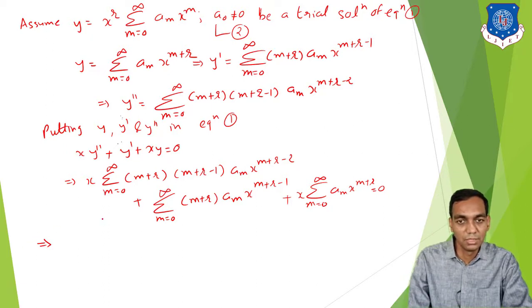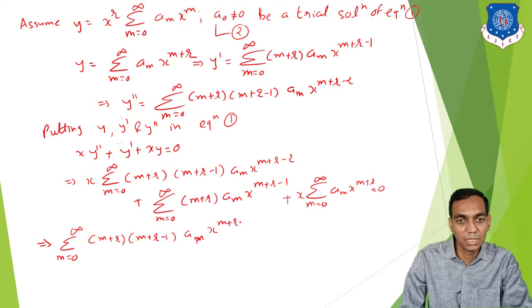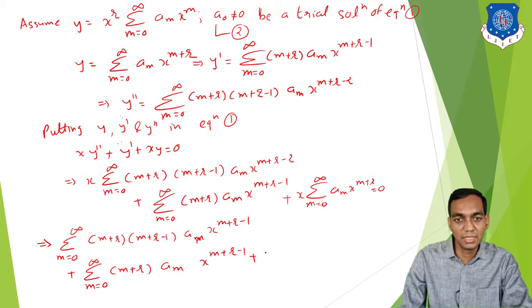Now see, if you multiply this x inside, then you will have sigma m running from 0 to infinity m plus r into m plus r minus 1 a m x raised to m plus r minus 1, plus sigma m running from 0 to infinity m plus r a m x raised to m plus r minus 1, plus, multiplying this x inside, sigma m running from 0 to infinity a m x raised to m plus r plus 1 is equal to 0.